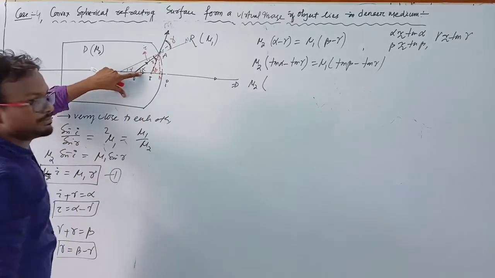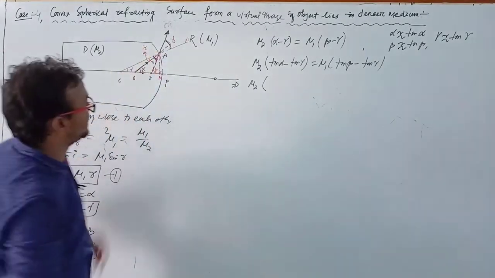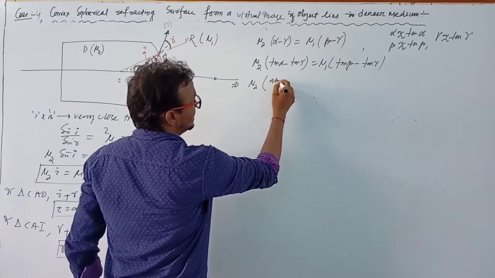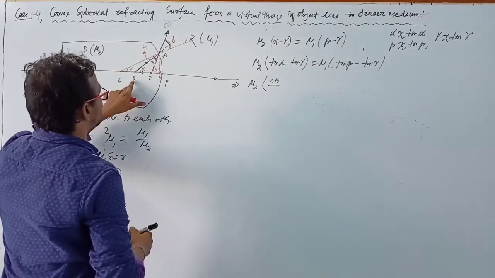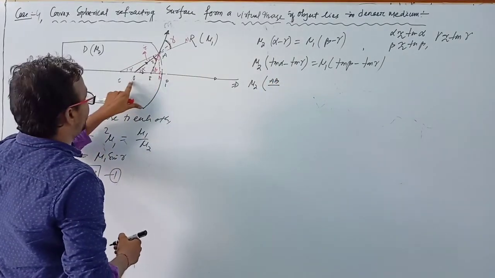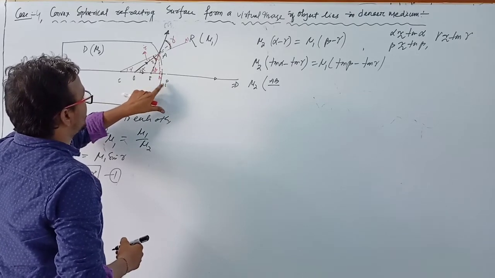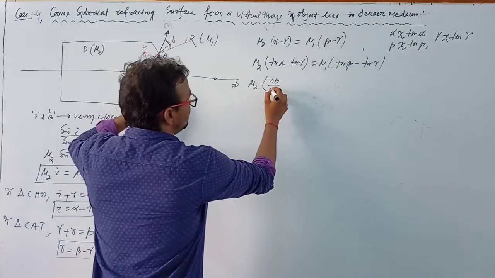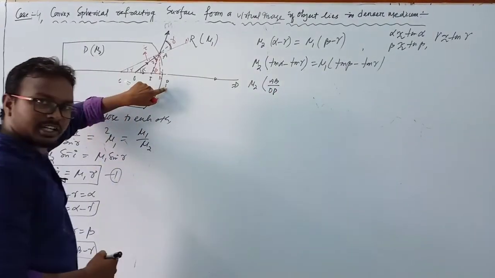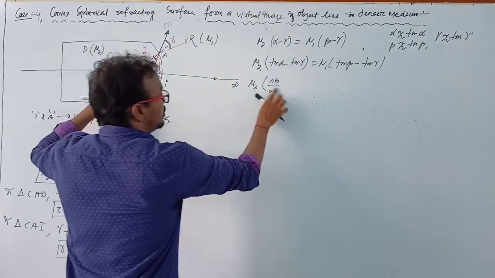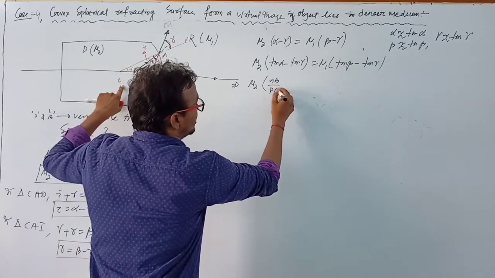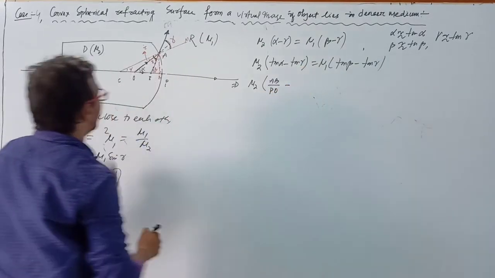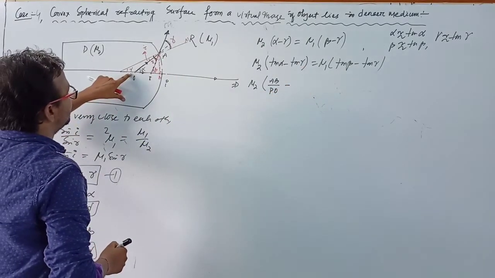Here alpha is the base angle, so the perpendicular is AB divided by base OB. B and P points are very close, so we can write OB as OP or PO. So we can write directly PO minus tan gamma. Clear? This angle is gamma.